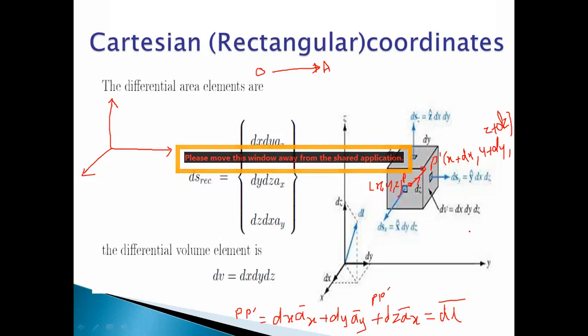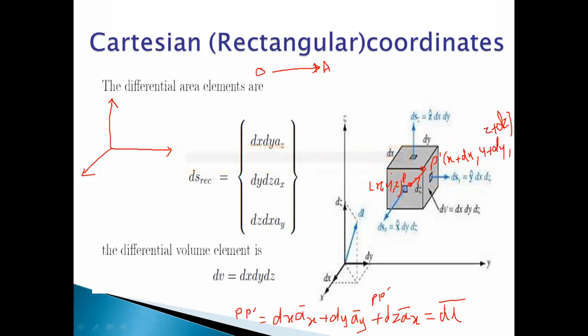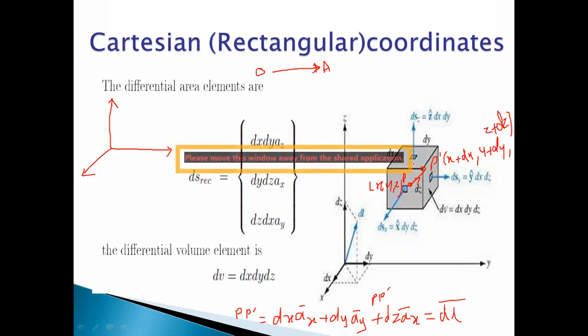So when we are considering this rectangle or a volume, we have seen all planes. When we are considering the x-axis, y-axis, and z-axis, we have seen all planes here already.